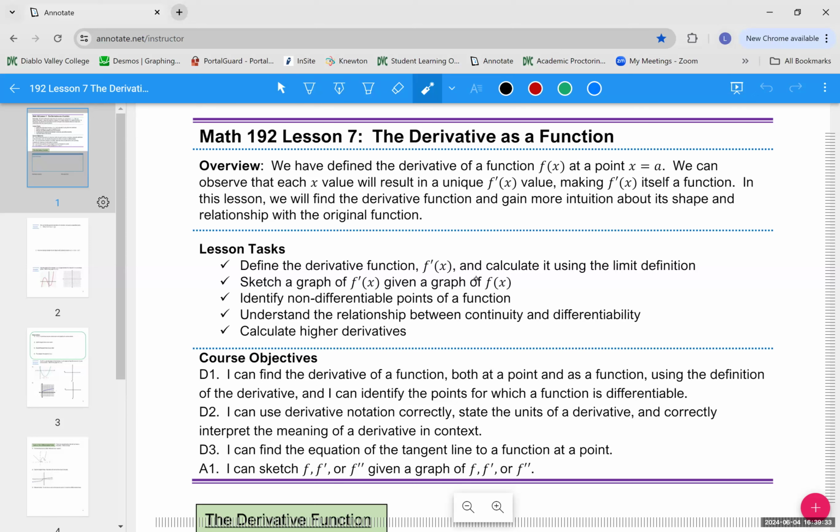And so we're going to talk a little bit about the derivative as a function and think about what its shape is and how its shape is related to the shape of the original function.